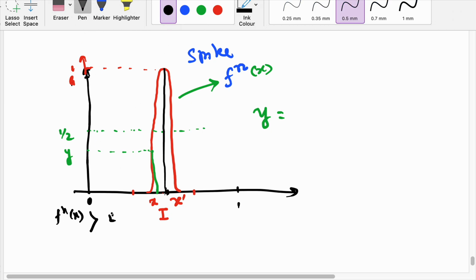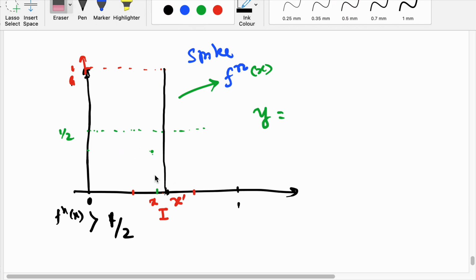So suppose it is greater than half. Now suppose my point x is somewhere here, whatever you choose, and it maps to a point here.